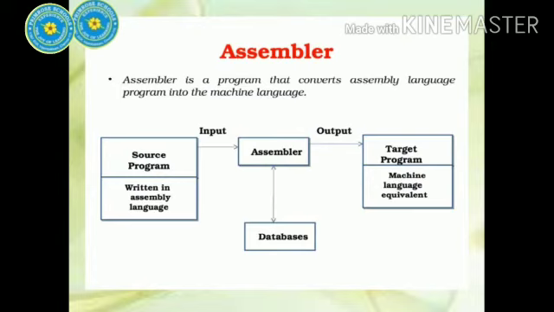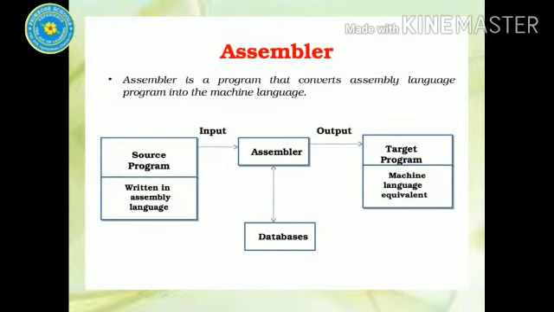An assembly language is an intermediate language which is neither like machine language nor like high-level language, where some of the instructions can be understood by the user and some of them are not understandable, being in terms of machine code. Hence, an assembler is a translator which translates the assembly language into machine language.